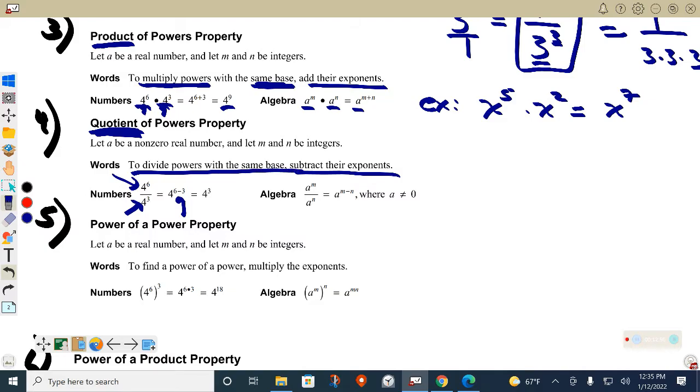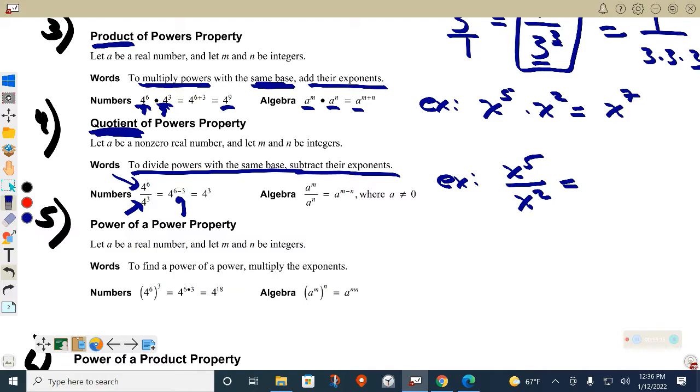Let me give you an example. X to the 5th divided by x to the 2nd. I have the same base. What is the base there for both x to the 5th and x to the 2nd?